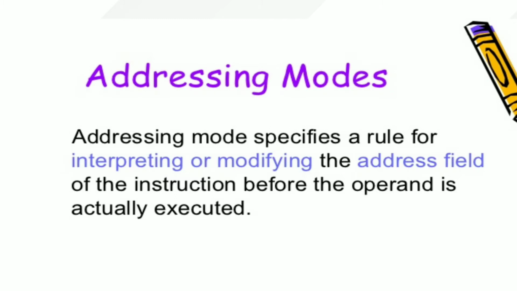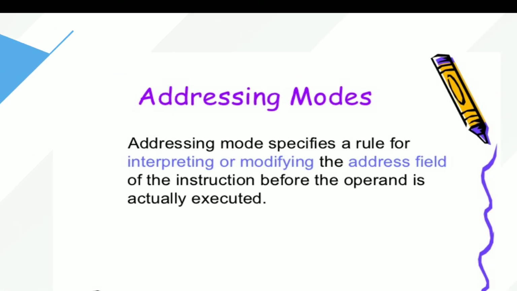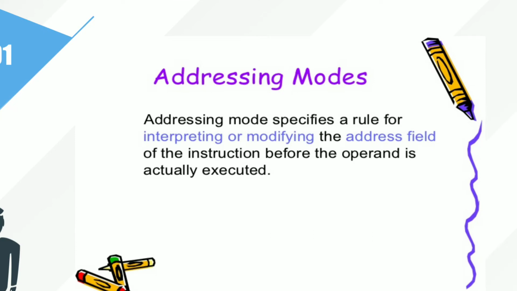Interpreting: it tells the data what kind of operations to perform, on the address fields of the instructions before the operand is actually executed. So it says what the data actually is, where we can get this data, and after getting it, what kind of operation should be performed on that.